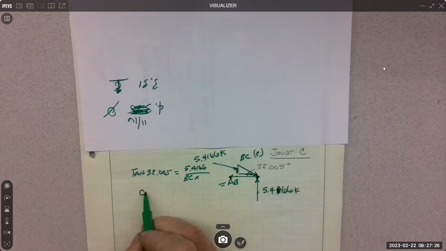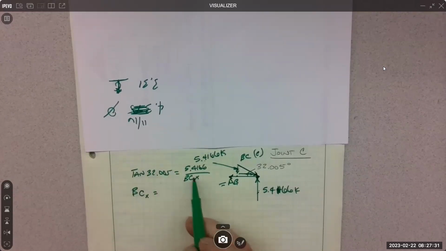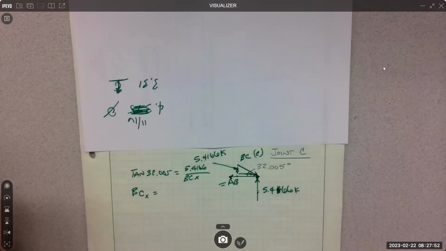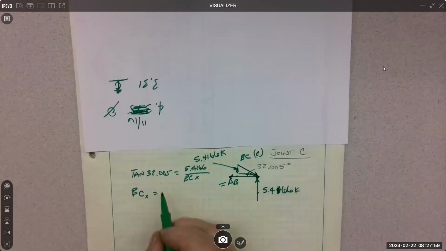So then I know BCX is equal to, this goes over there, this comes down here, it's going to be the 5.4166 divided by the tangent 32.005. 8.667.